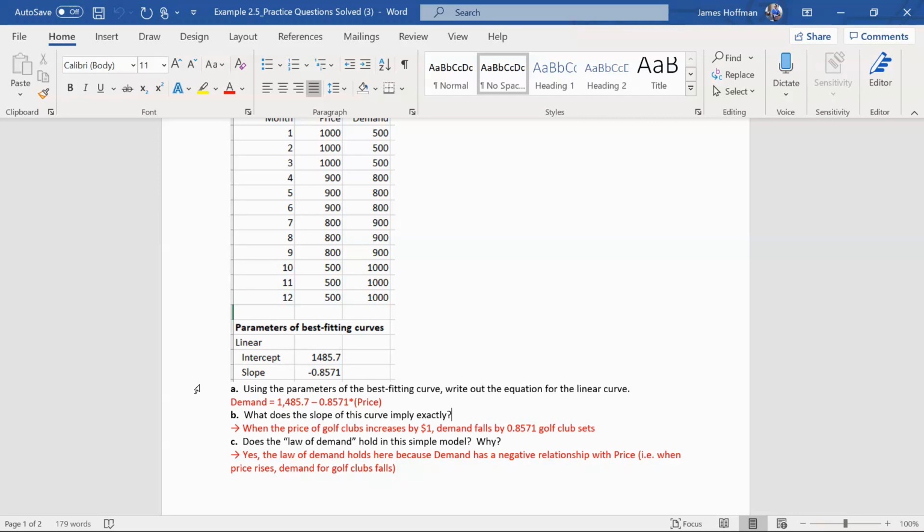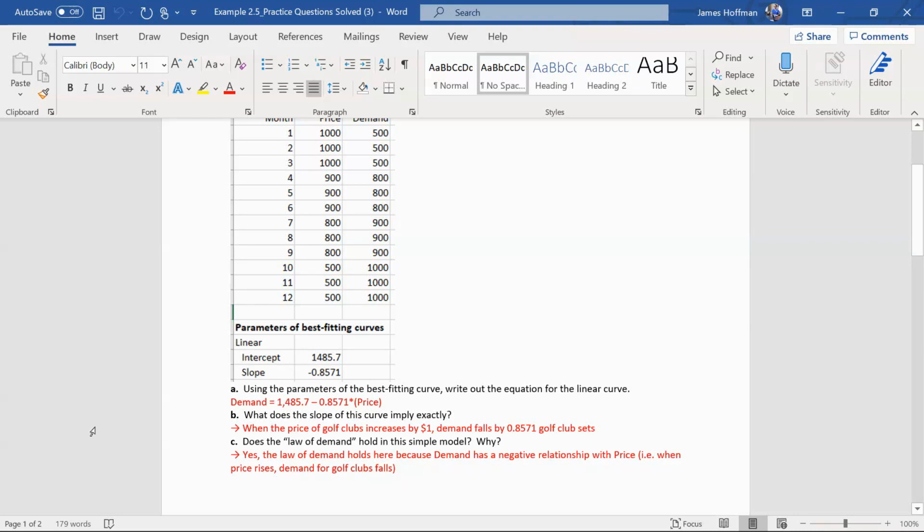Part B, this is important because you need to understand what the slope term means and how that affects demand. What does the slope of the linear curve imply exactly? That negative 0.8571 is the effect on demand of a 1 unit change in the x variable, which in this case is price. So if price changes by $1, what happens to demand?